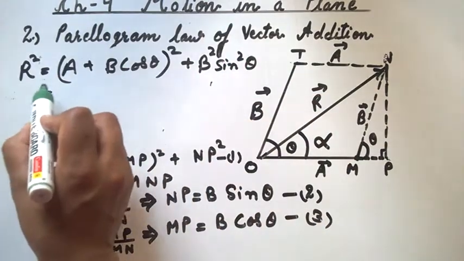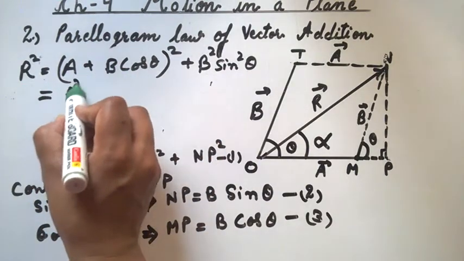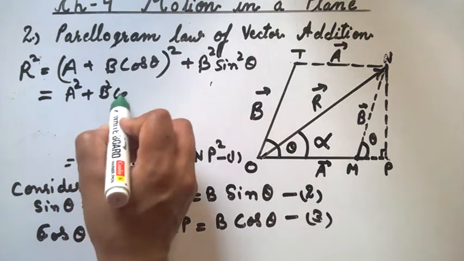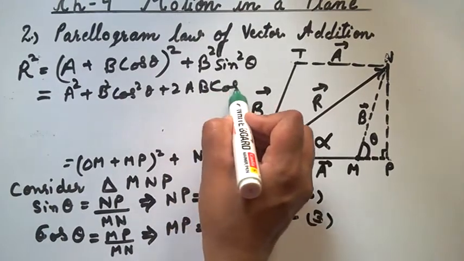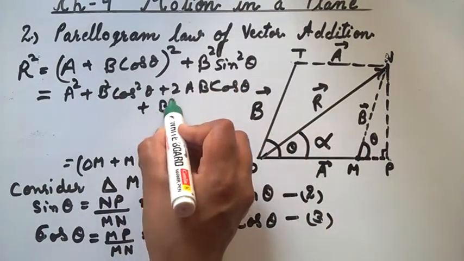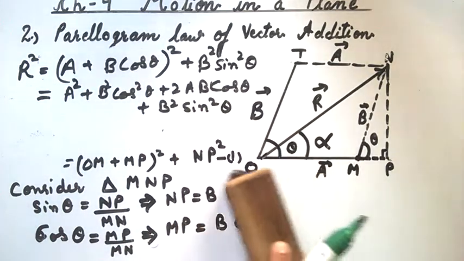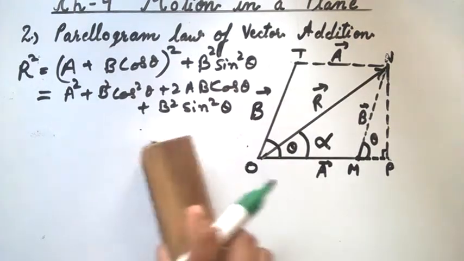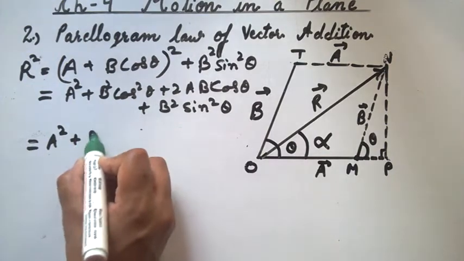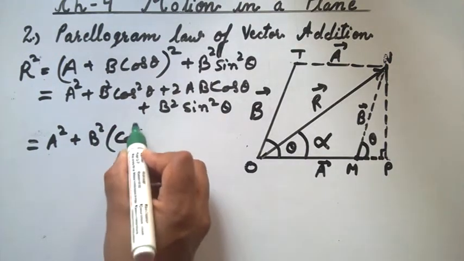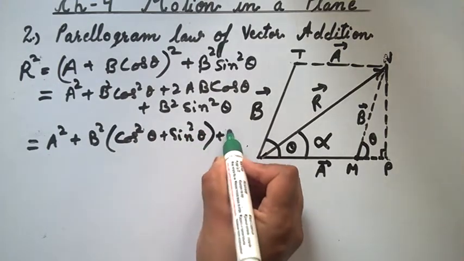Now it is similar to the triangle law of vector addition. We can write it as A square plus B square cos square theta plus 2AB cos theta plus B square sin square theta. Now it can be written as A square plus B square (cos square theta plus sin square theta) plus 2AB cos theta.